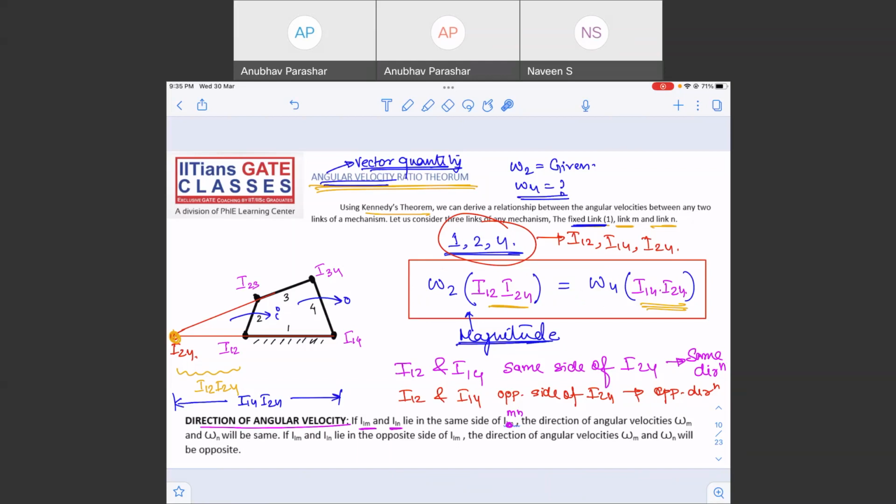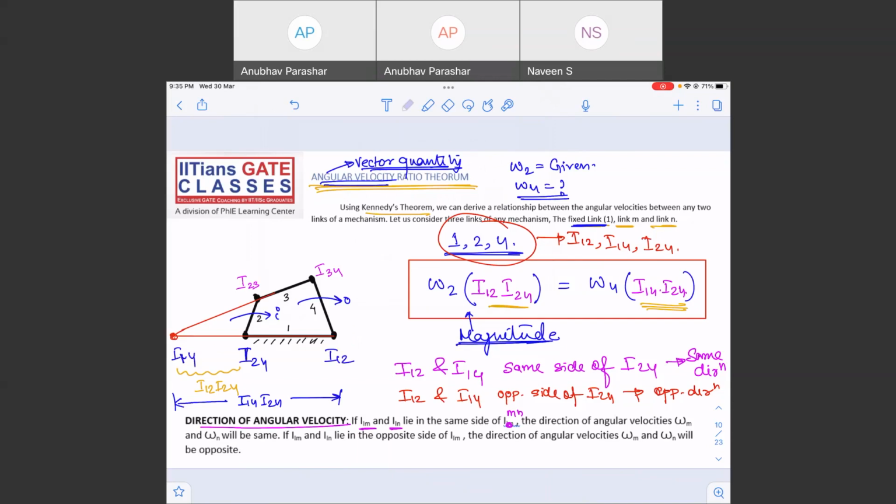But in case I12 and I14 are on either side of I24, let me take an imaginary case. Let me say this is I24, this is I12 and this is I14.